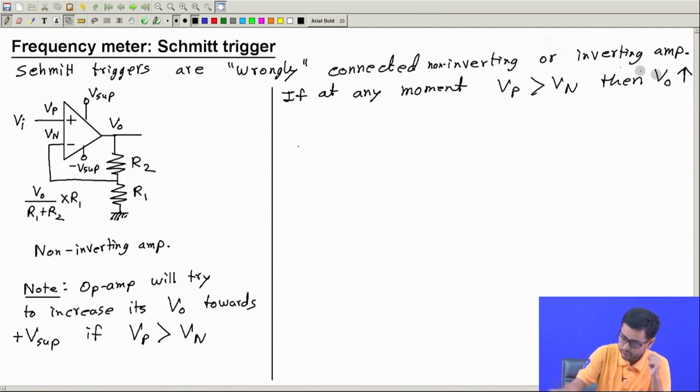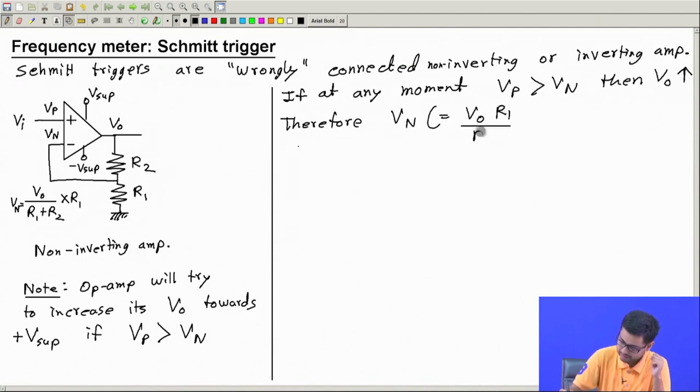Okay, and if this goes up, then you see this value is Vn, which is same as a fraction of VO. Okay, so therefore Vn, which is same as a fraction of the output voltage, also increases, right?